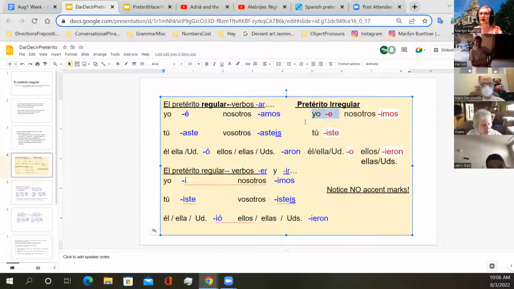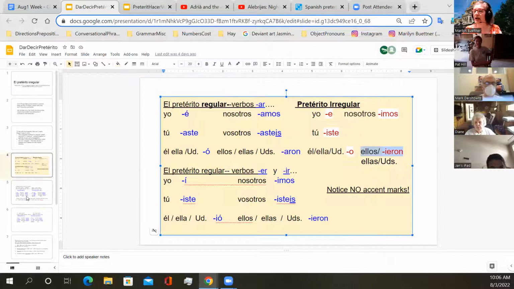The sound of the vowel itself stays the same, but which syllable you stress will shift. Instead of punching the last syllable, it'll punch the second to last syllable. That's just what it's going to do. And then ellos y ustedes gets our ieron ending.